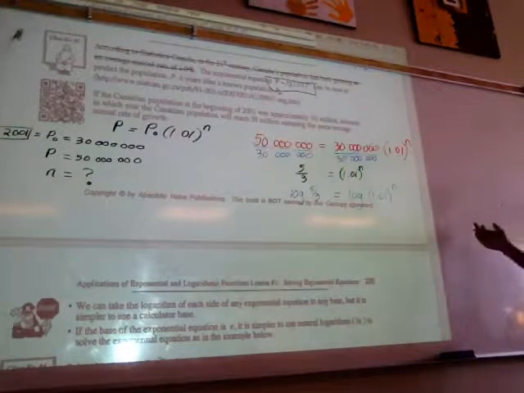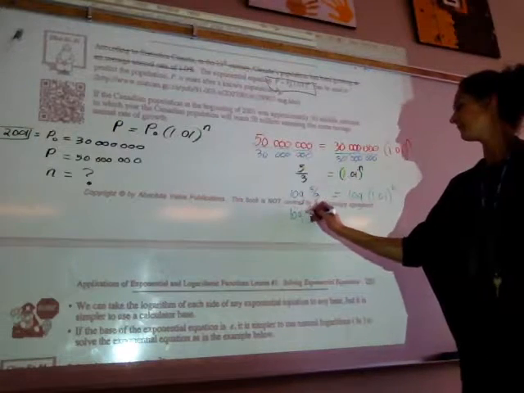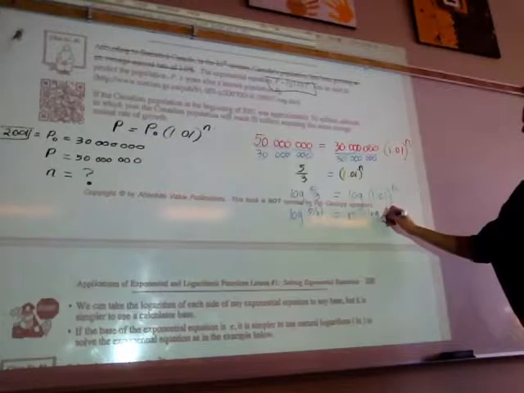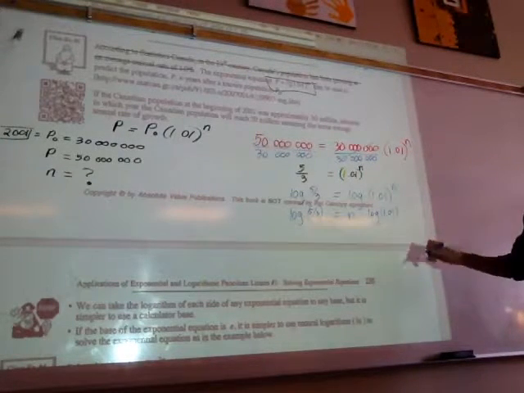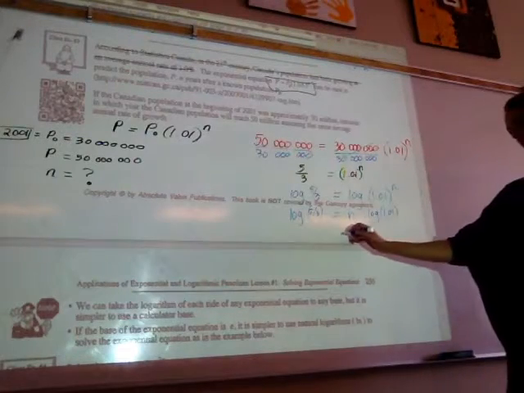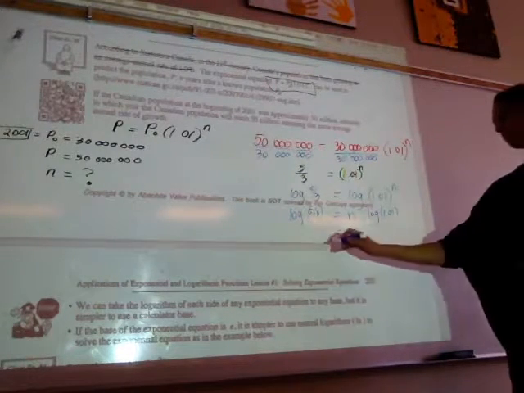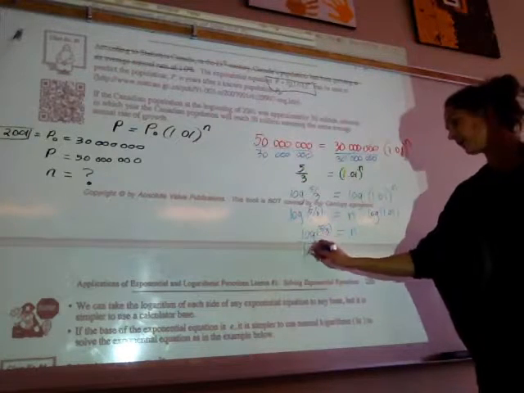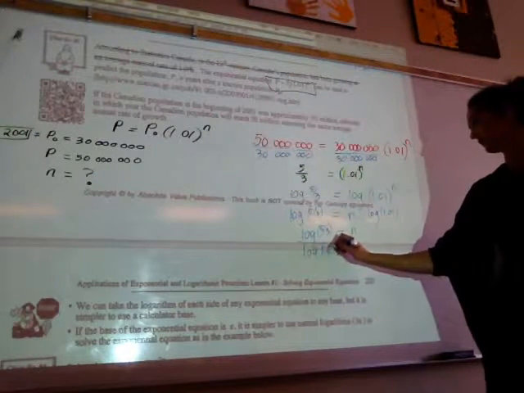Then we're going to use the power law. Put n out front. And then we just have to divide by log 1.01. So n equals log 5/3 divided by log 1.01.